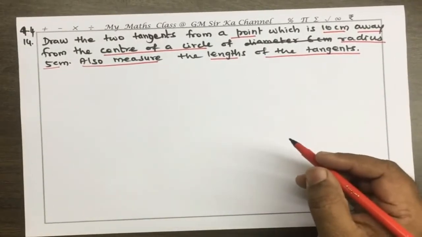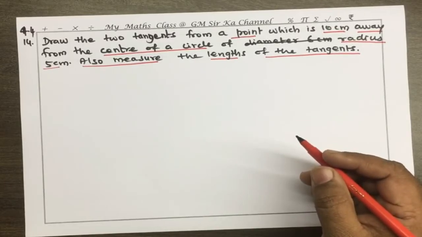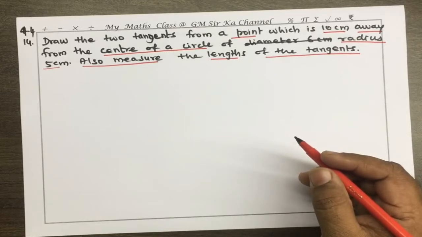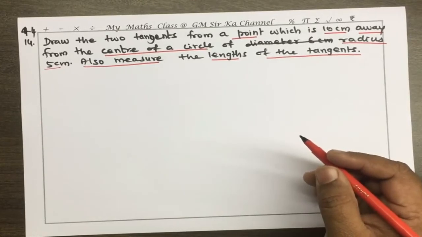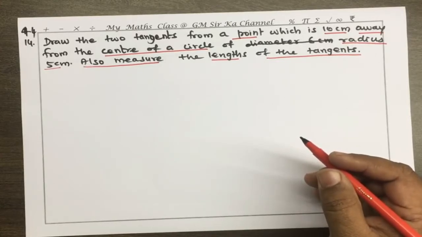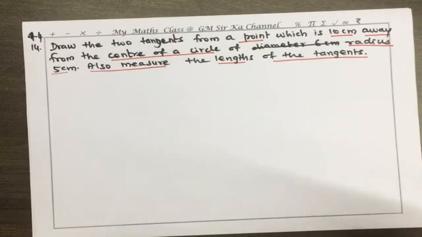In the previous video I have explained the types of the tangents drawn to the circle from the external point and also from the point which is on the circle using the alternate segment theorem. So in this problem we have to draw the tangents from the external point which is 10 centimeter away from the center of the circle.